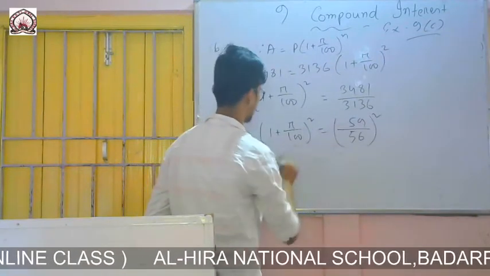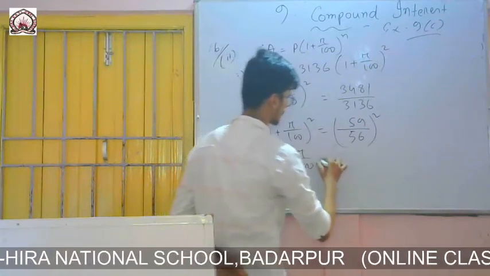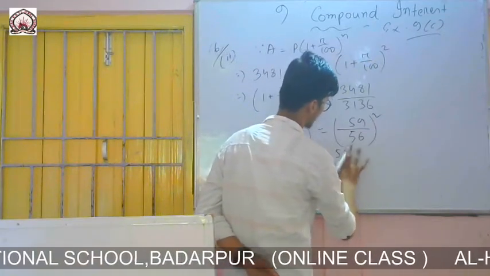So the squares I can neglect, and they are left 59 by 56.